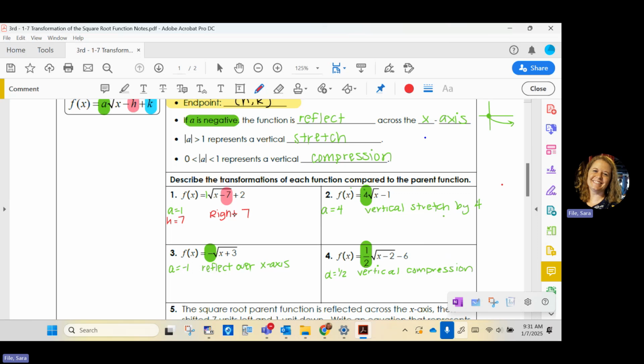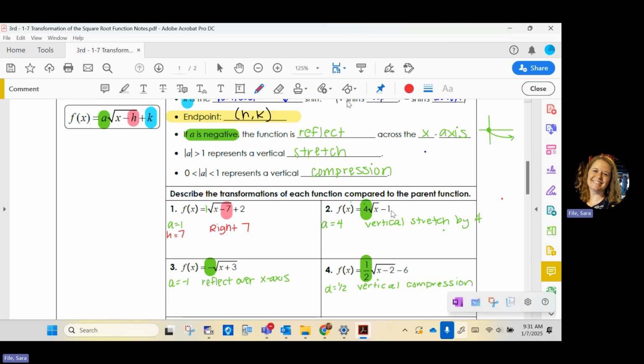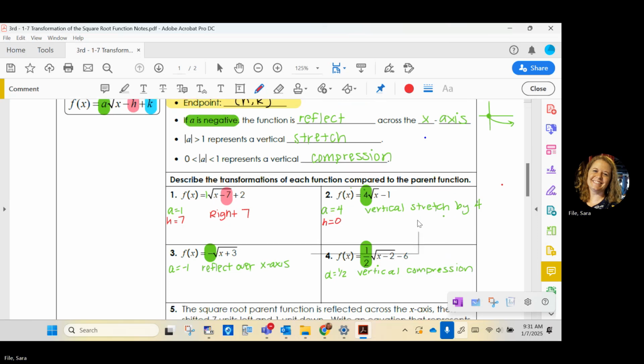What about in number 2? Is there anything added or subtracted inside that radical? No, that minus 1 is not under the radical, it's outside. So h here is just an understood 0. There is no left or right shift. What about in number 3? What's your h value?